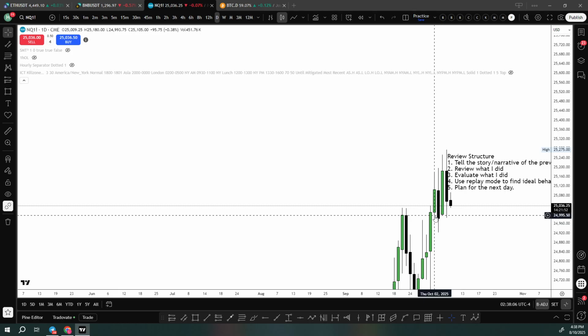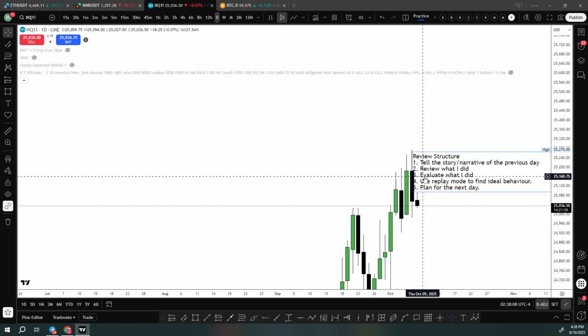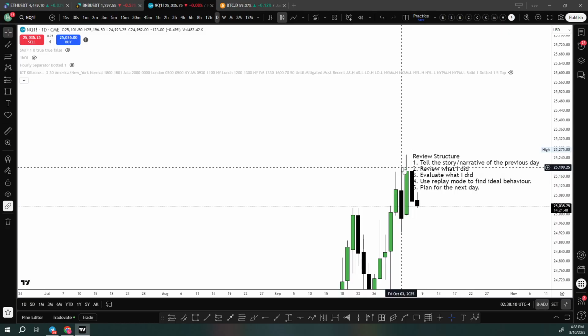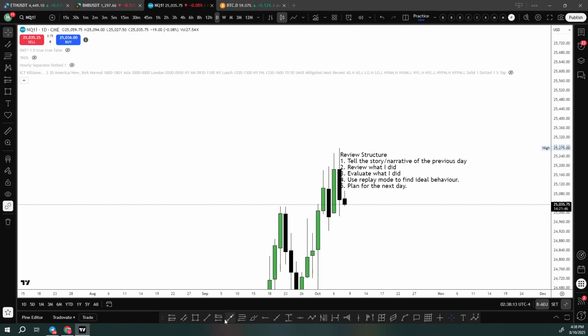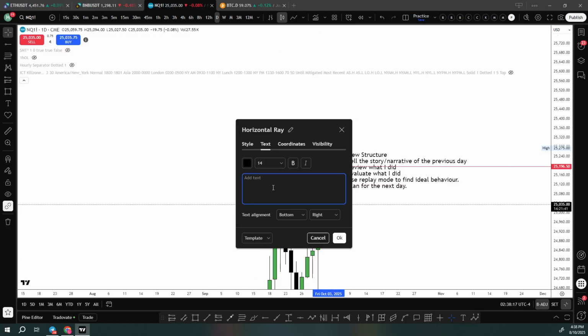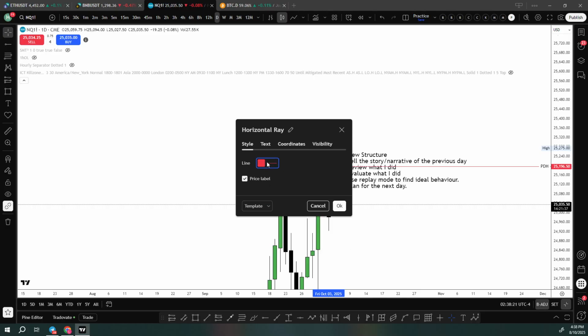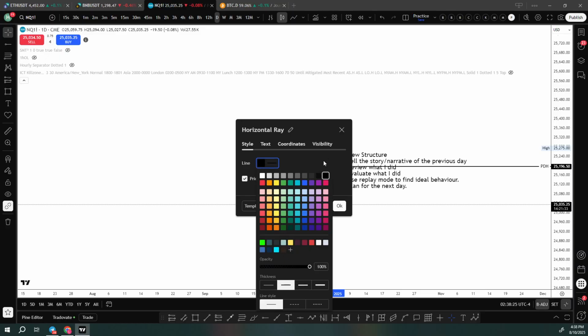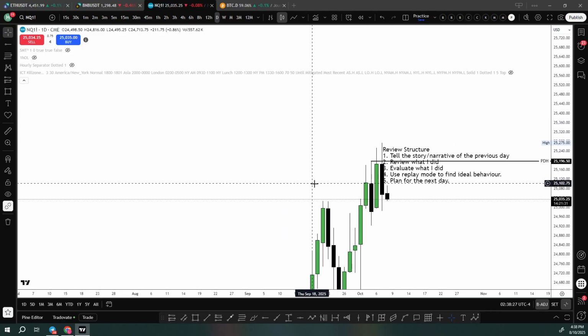So we look at this. This is sort of choppy order flow, I would say. So this level was previous day high. So I'll delineate that in black.